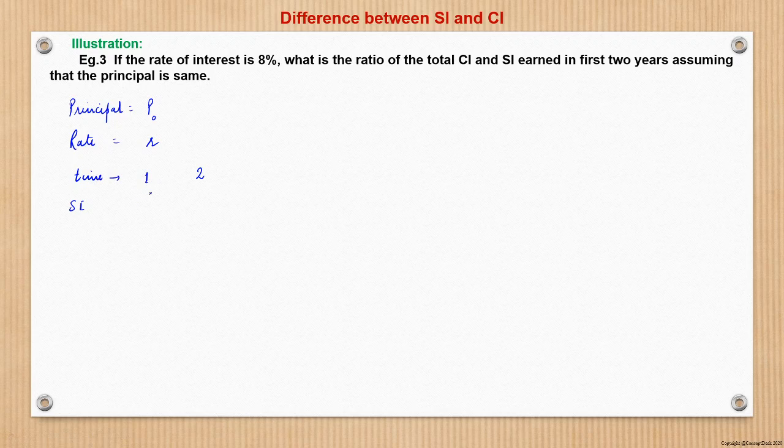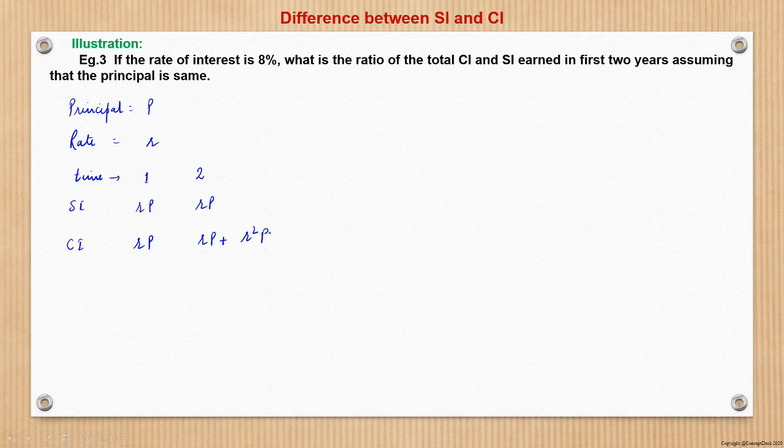So simple interest during the first year will be what? R P0, and again the same R P0. Better we'll denote this with P only, right? And now compound interest for the first year will be the same, R into P. For the second year the compound interest will be R P plus again interest on interest, interest on the interest of the first year, which is R percent of RP, which is R square P, right?